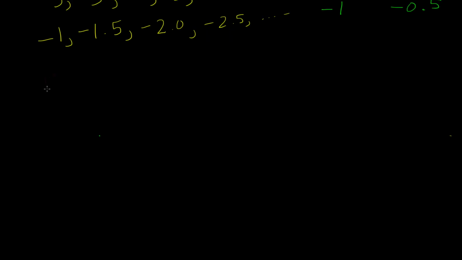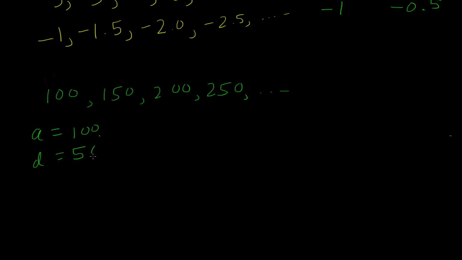Okay, so let us introduce some more mathematical notations. Let's say we have 100, 150, 200, 250, and so on. So we have already denoted the first term as 100, the common difference as 50. Now one more notation that we will use is we will denote the respective terms as T1.